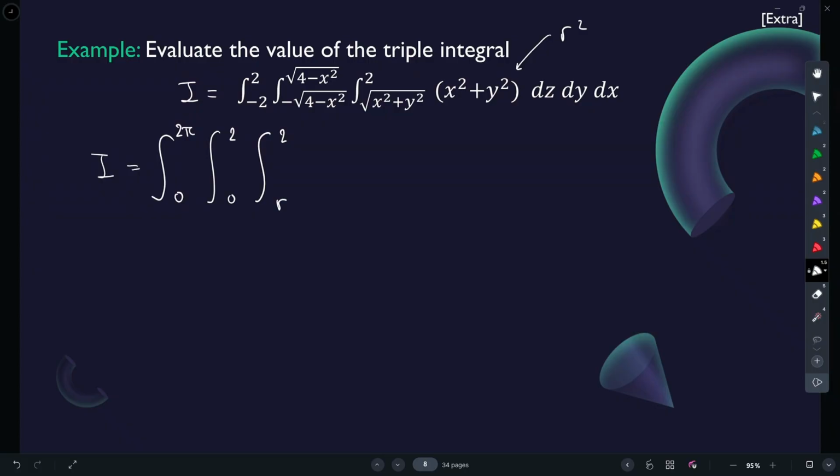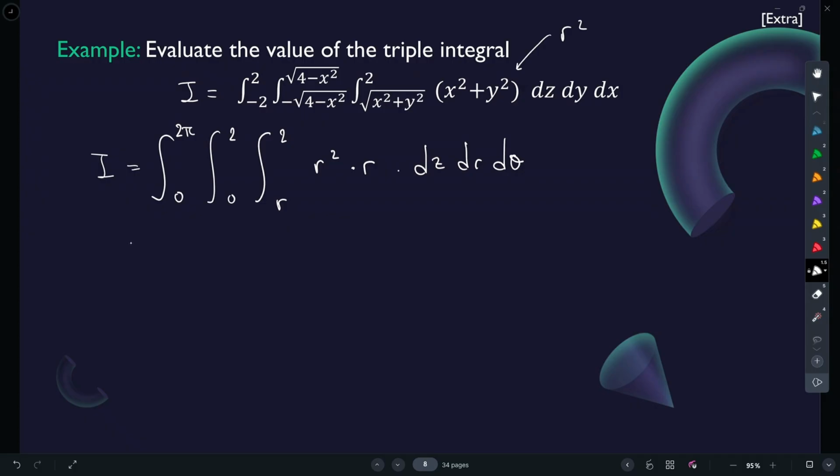There could be a z in there, but there's no z. So x squared plus y squared is r squared. And remember that if I'm changing coordinates to cylindrical, I have to put in my conversion factor to this new set of coordinates. And the conversion factor is an extra r. And this is dz, then dr, and then d theta. Okay?